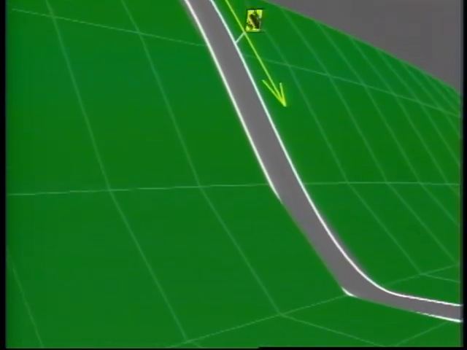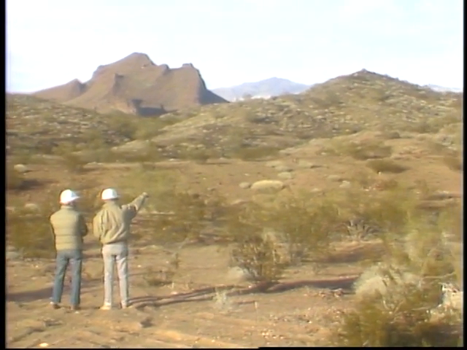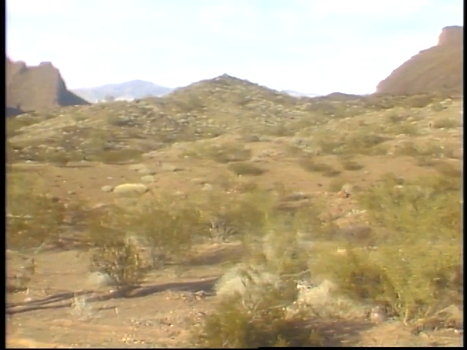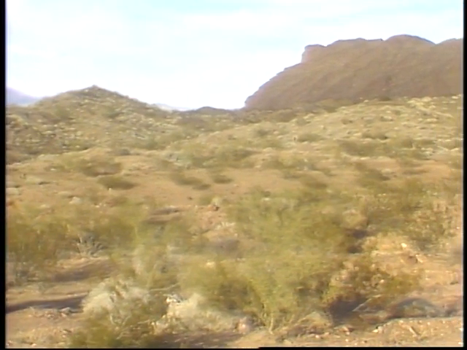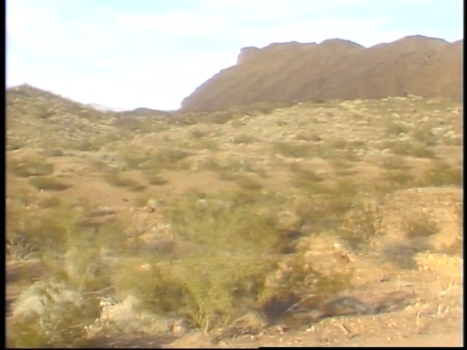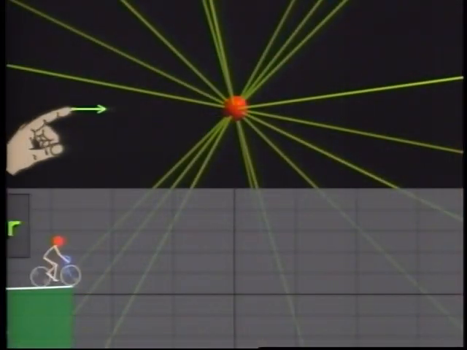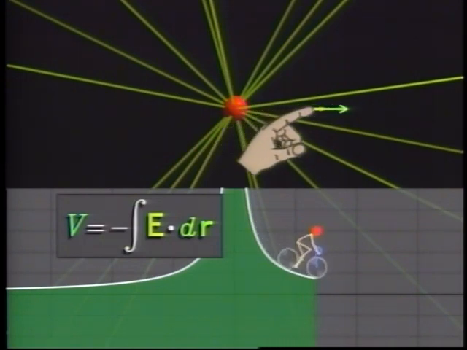In this analogy, electric potential is elevation, and electric field is the downward slope. To put it in more mathematical terms, the electric field is a negative derivative of the potential. Or, in other words, the potential is minus the integral of the electric field.